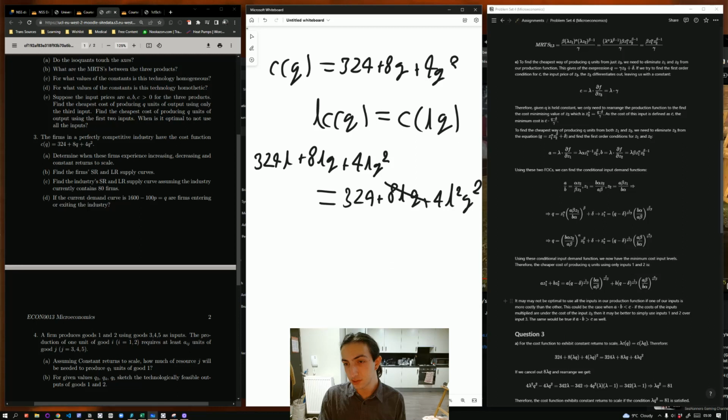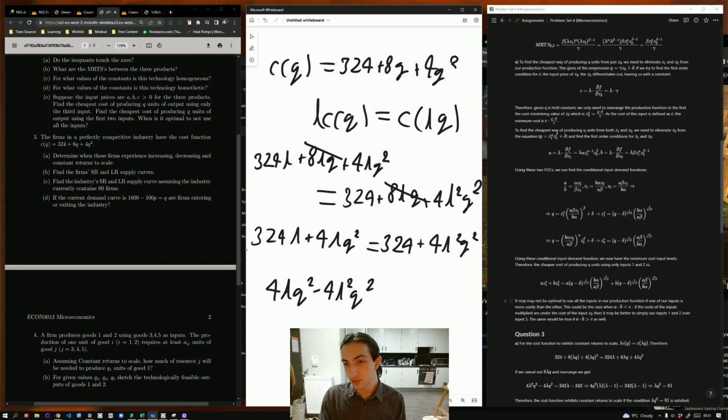First of all, eliminating the 8 lambda q from both, we're left with 324 lambda plus 4 lambda q squared equals 324 plus 4 lambda squared q squared. Then we can rearrange: 4 lambda q squared minus 4 lambda squared q squared, and over here we have 324 minus 324 lambda.